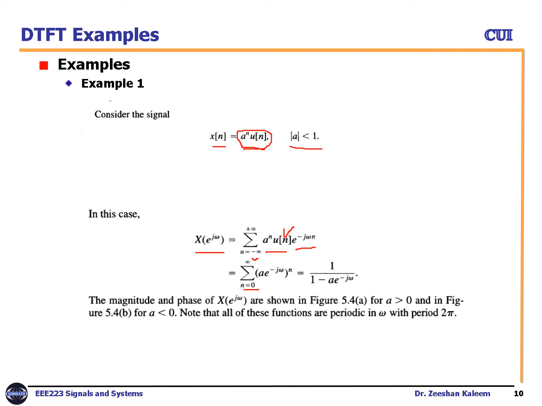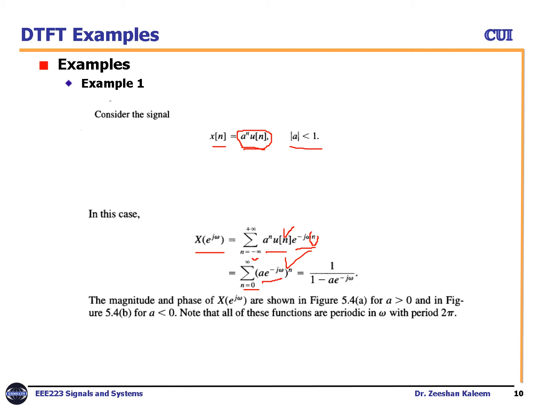And because both e and a have a power n here, we can take n common and combine them, so we can write it this way: (a e^{−jω})ⁿ. We can solve this by using the formula for the sum of an infinite geometric series.